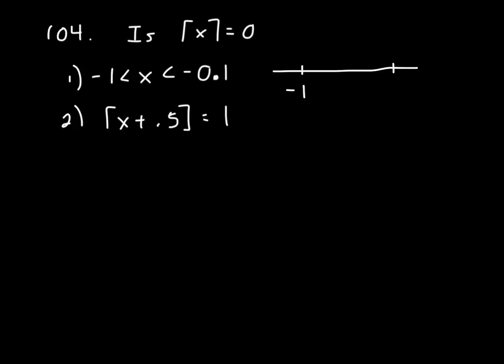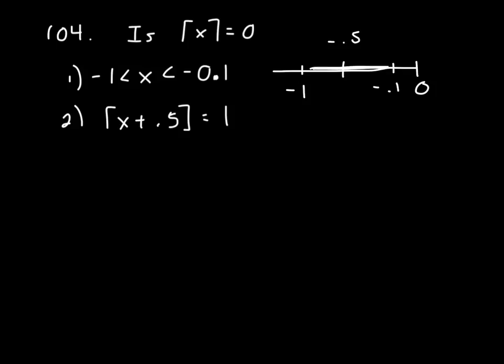-0.1 would be here. All of these numbers here, for example, and 0 would be here. Let's take -0.5. What is the least integer greater than or equal to -0.5?